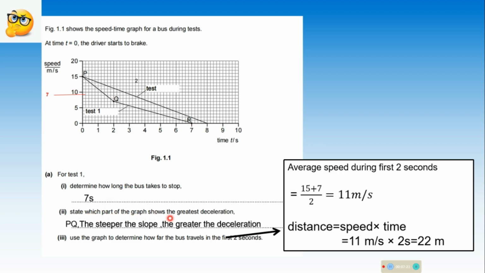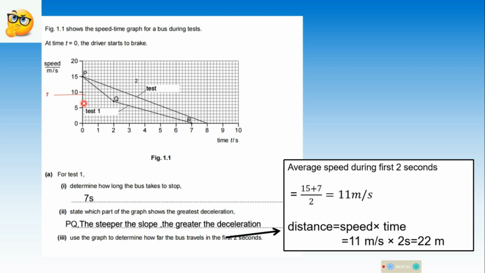State which part of the graph shows the greatest deceleration. PQ. PQ is showing it because the steeper the slope, the greater the deceleration. Use the graph to determine how far the bus travels in the first 2 seconds. So the average speed during the first 2 seconds is 15 plus the Q value, which is 7.